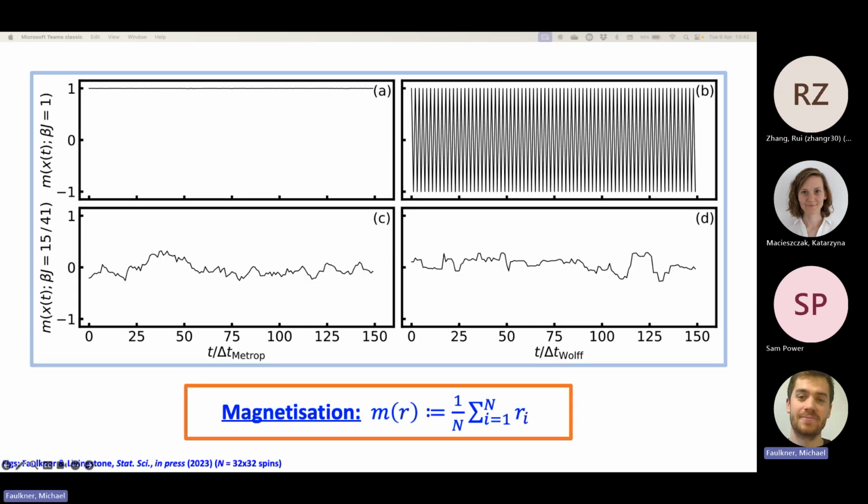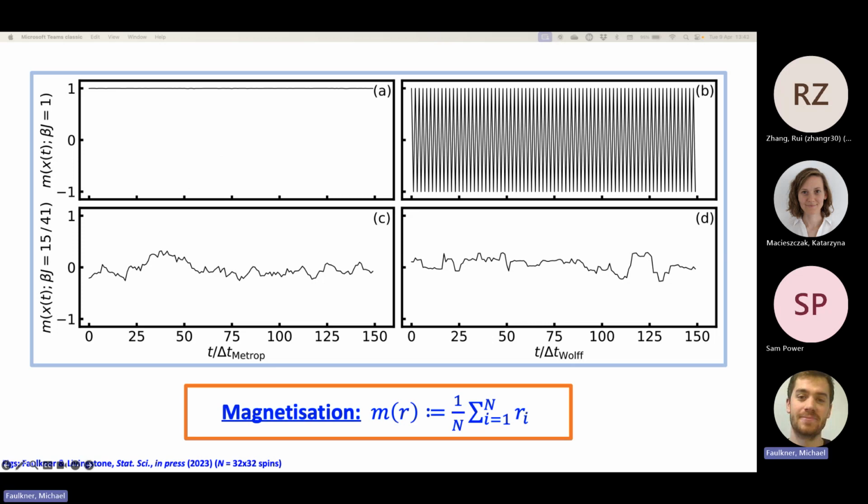And so this was found to completely circumvent this problem of slow mixing at low temperature. These two plots are those Metropolis simulation plots that I showed you before. At high temperature, it's mixing nicely around m equals 0. At low temperature, it gets stuck in the m equals 1 state.